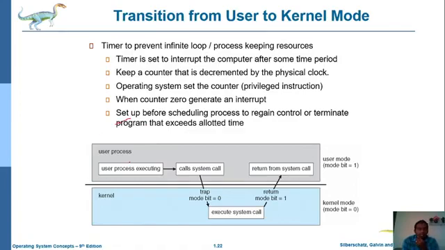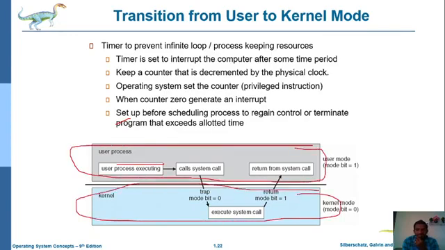So this entire part indicates the user process or user mode, and this one is the kernel mode. First of all, the user interfaces with the user mode and sends some instruction. To execute this particular process requested by the user, we use a system call.